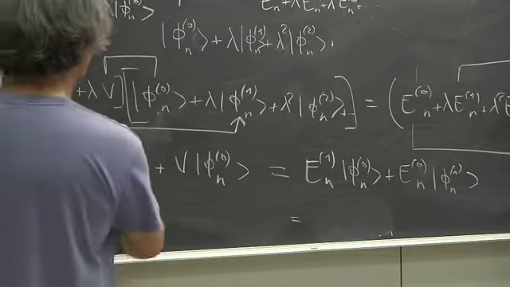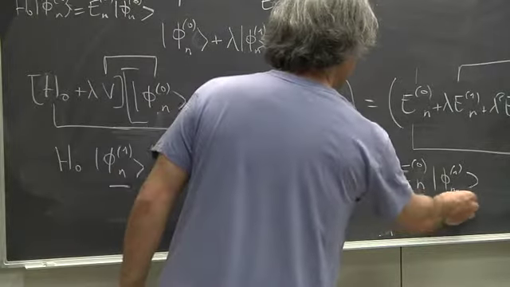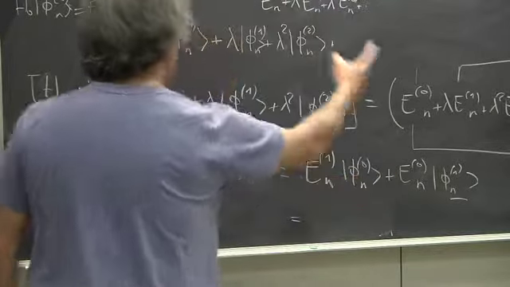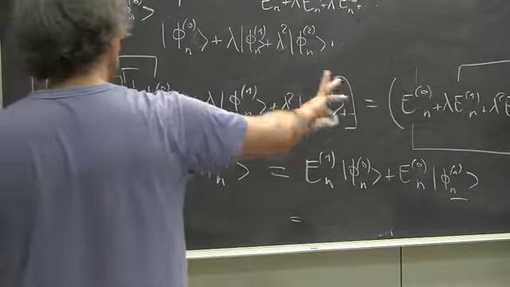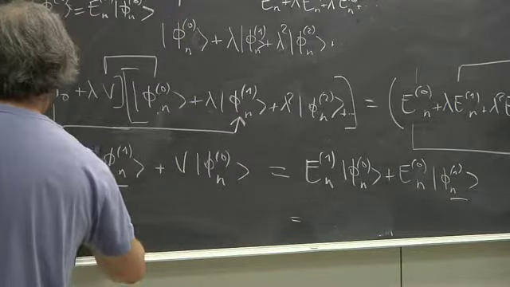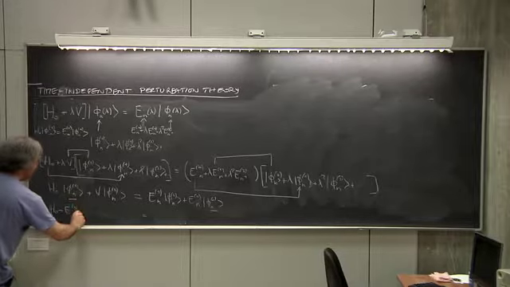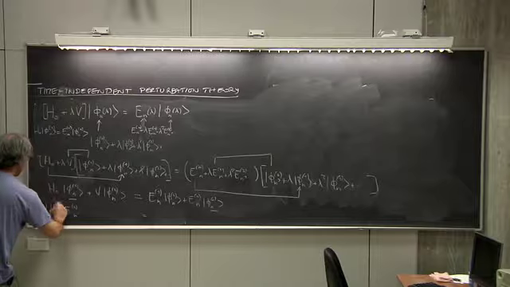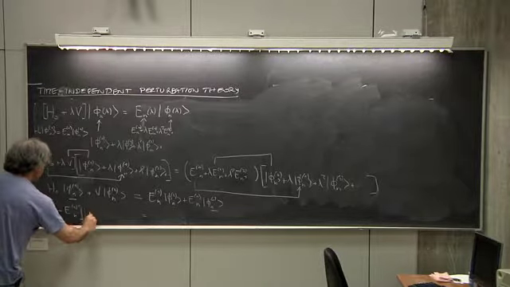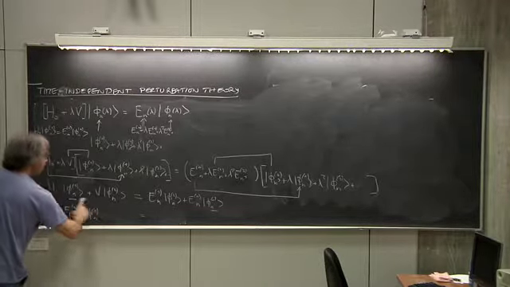You see that there is phi 1 here and here. So let me bring the phi 1 to the left and the phi 0 to the right. I can write this as (H0 minus E_0n) multiplying the phi_1n.